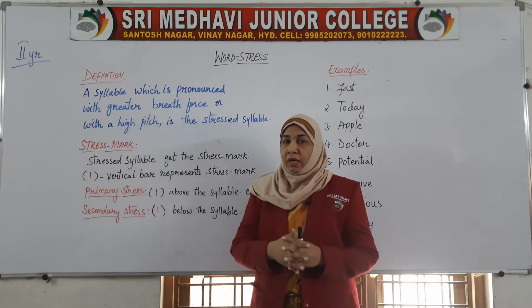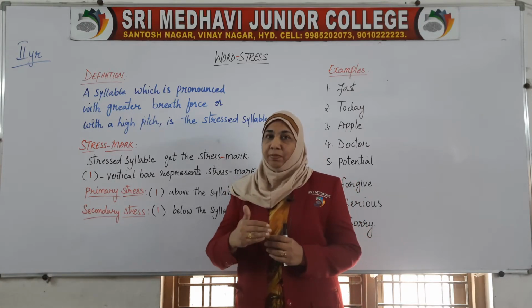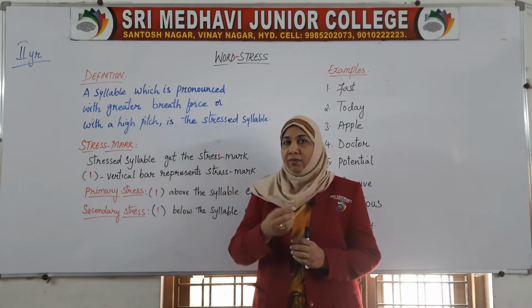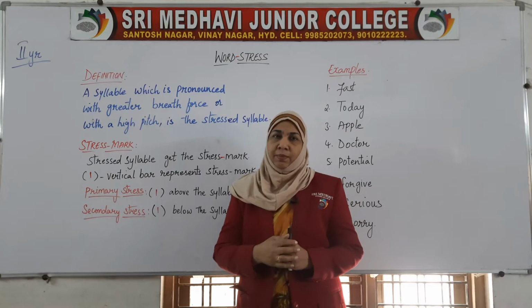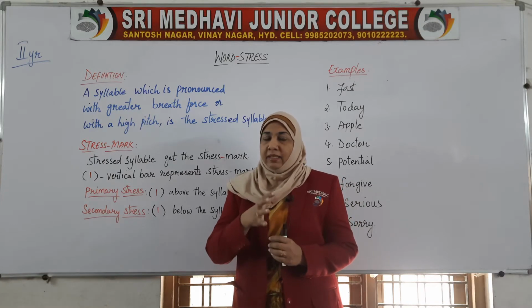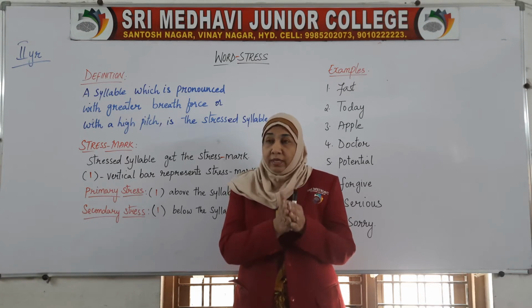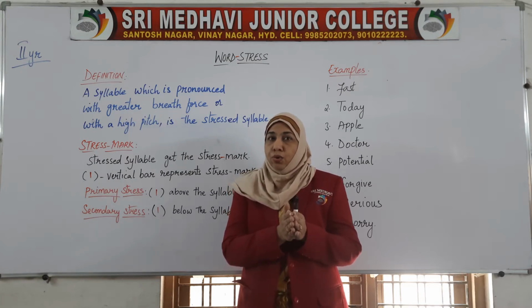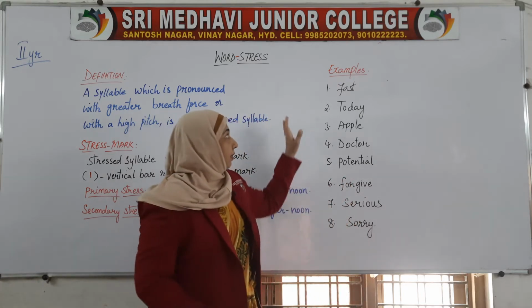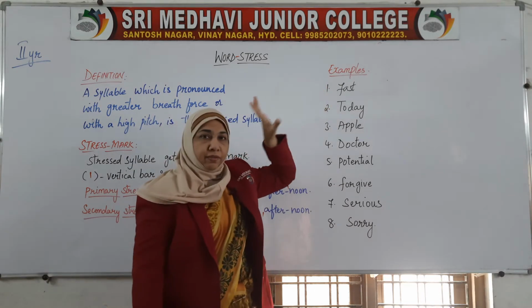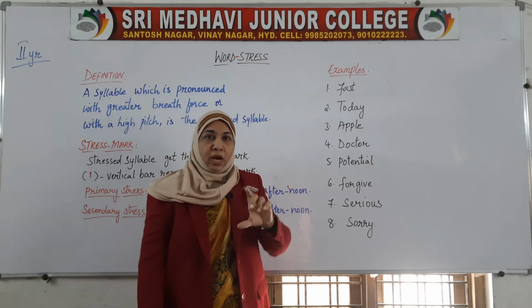Now we'll refresh your knowledge once again with some examples of syllables. Take the word today. How many syllables are there? Here you can check it out. I have written a few words for you. One word I have given is fast.